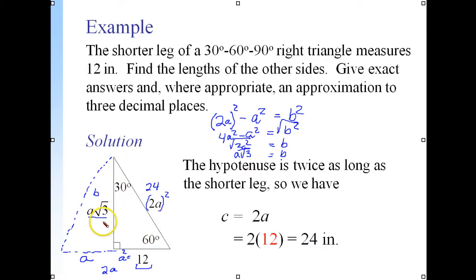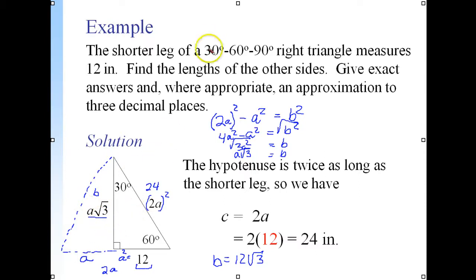Well, what will this side be? Side B is going to be 12, the square root of 3. Because if A is 12, and we just proved that this side here is A, then it's 12, the square root of 3.